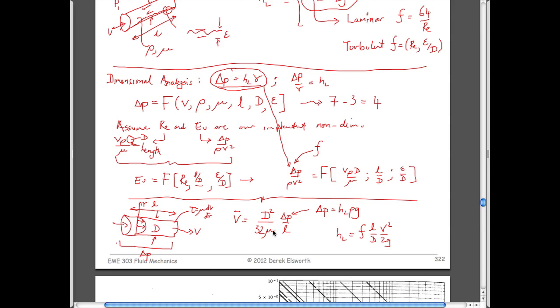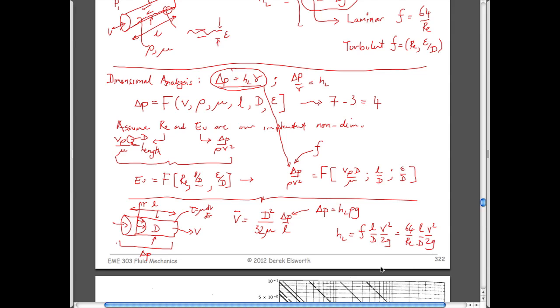And so if you make some substitutions and manipulate this expression with this term in here for head loss, then you find that this friction factor would be 64 over Reynolds number, with the length over diameter and v squared over 2g.